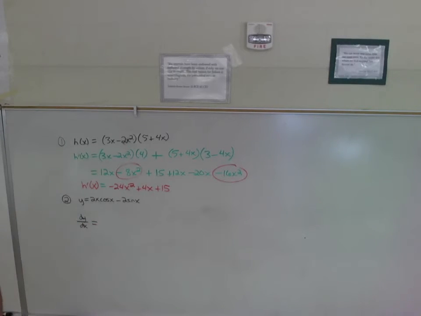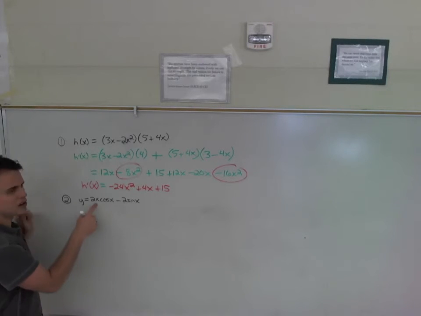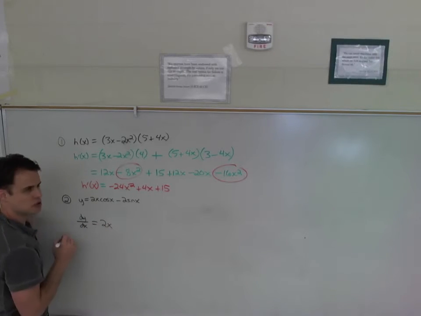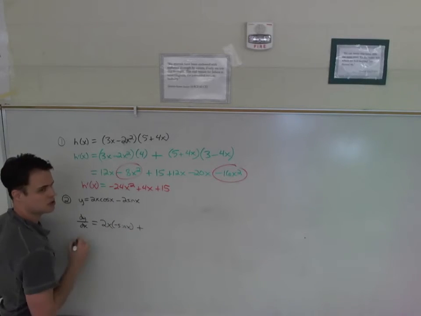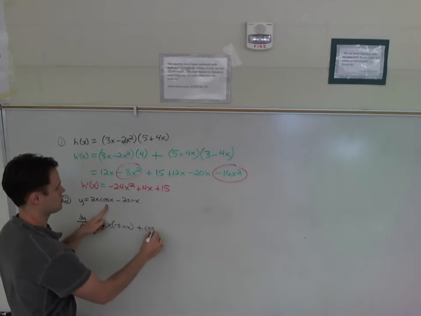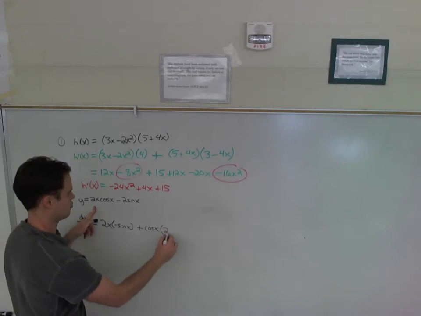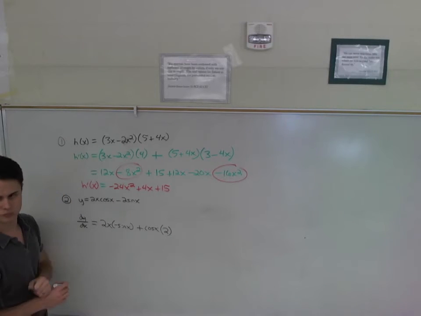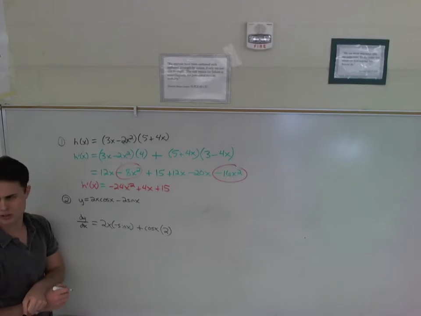Okay, let's try this one. I'm going to have to use the product rule. This has a product rule and something else in it that's really common too. First thing, what's the derivative of cosine? Negative sine x. Plus, second thing is cosine x times the derivative of the first thing, which is 2. Then I've still got this part. What's the derivative of sine of x?